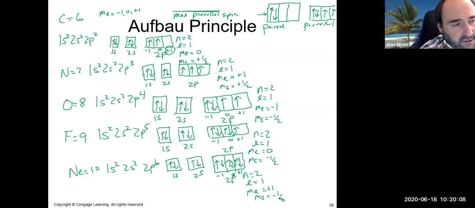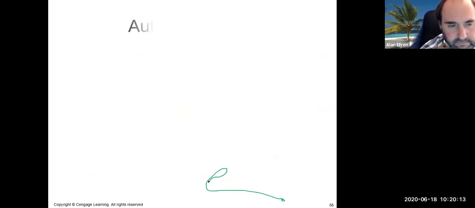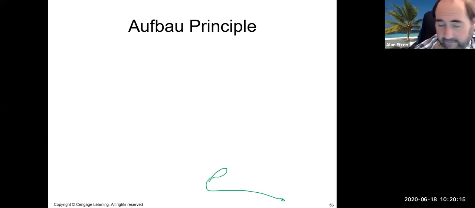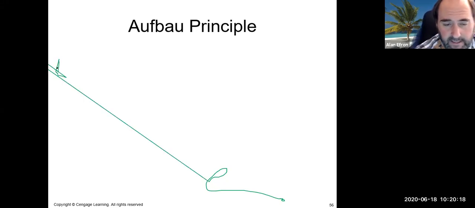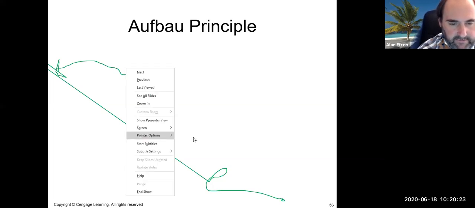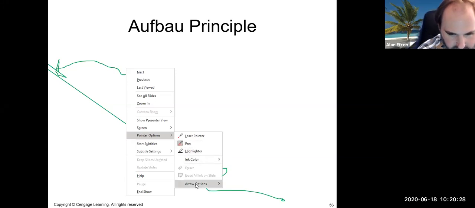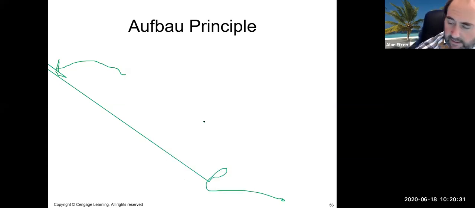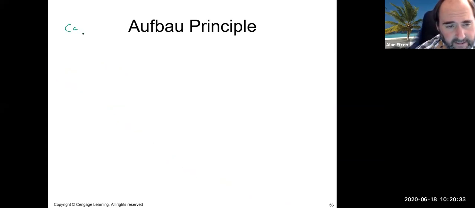All right, so why don't you try then, why don't you do the electron configuration for calcium, which is number 20, in case you're not sure. So write the electron configuration.